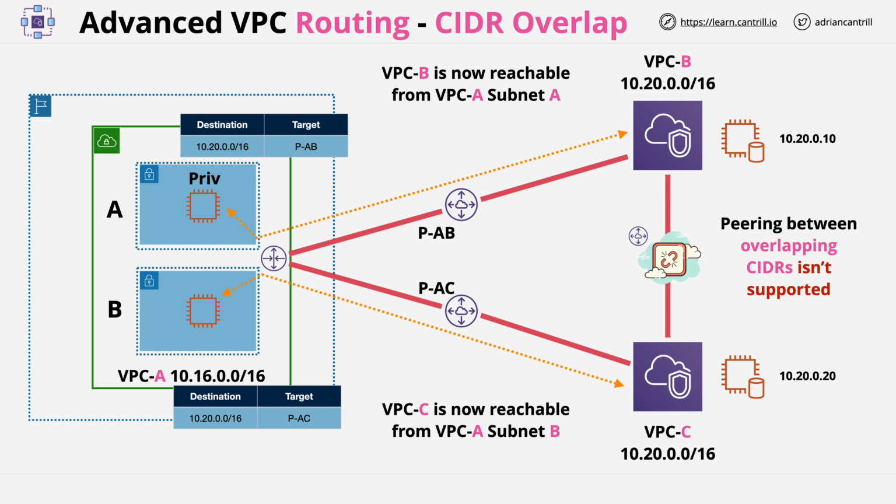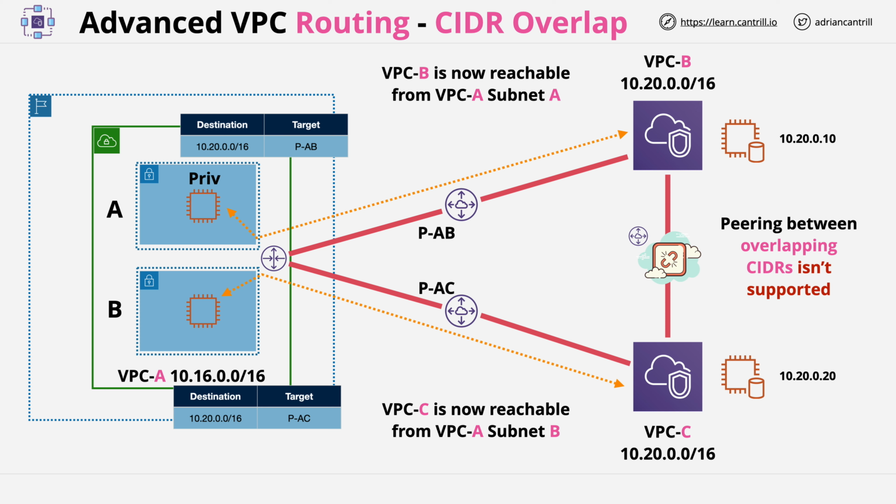But this does mean that the top instance in VPC-A will not be able to access the database instance in VPC-C, and the bottom instance in VPC-A will not be able to access the top database instance in VPC-B, because we have two different route tables that point at different VPC peers that connect to different VPCs.